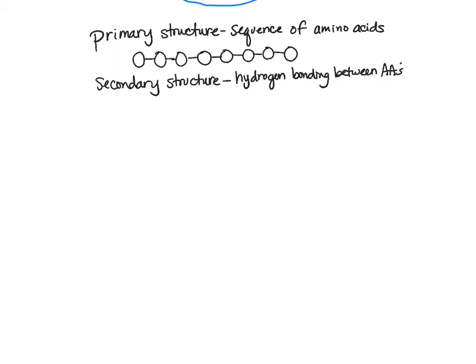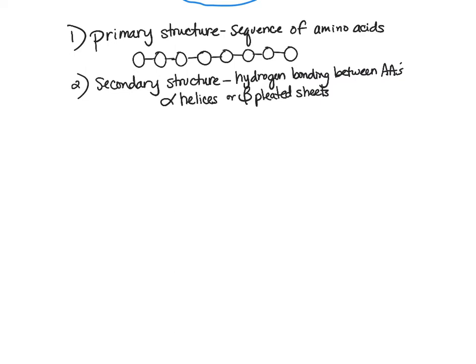And then what we end up getting at the secondary structures, we get either alpha helices or beta pleated sheets. So these are the two different types of structures that we find at the secondary level. So 1 primary, 2 secondary. And so what we see are alpha helices or an alpha helix or beta pleated sheets.